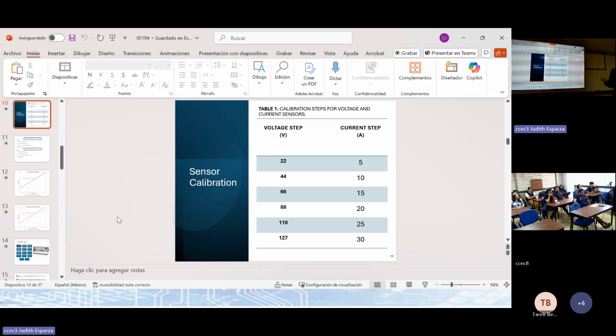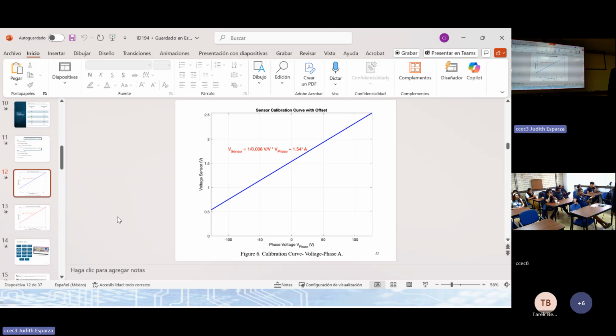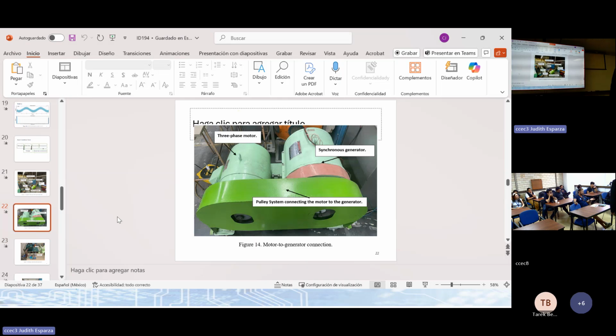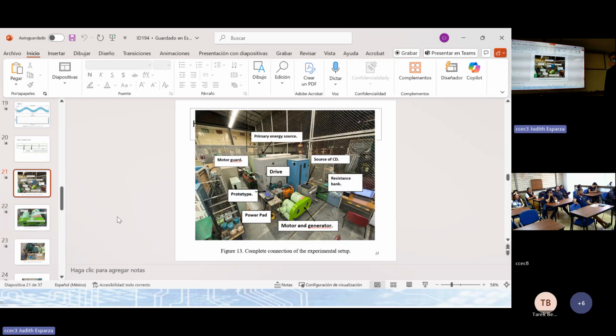And the other is, as a load, you are using a resistance bank. Why not consider some other load that can also create harmonics? The harmonics are generated by the drive. Yeah, but that's the input to the system. You can also have harmonics coming from the output of the system, that is the load. With a resistance bank, nothing really influences the frequency of the output signal. No, the resistance will not generate harmonics.